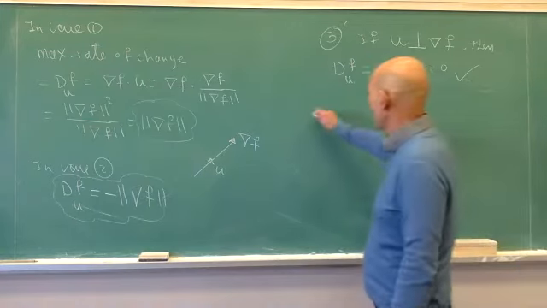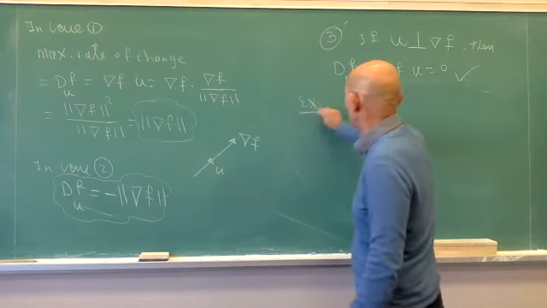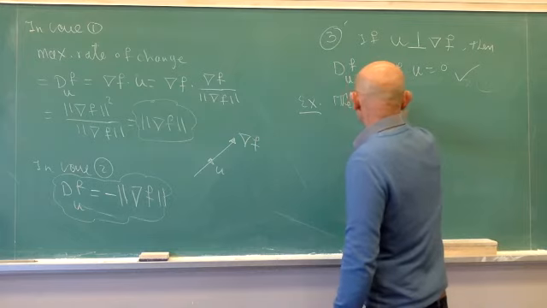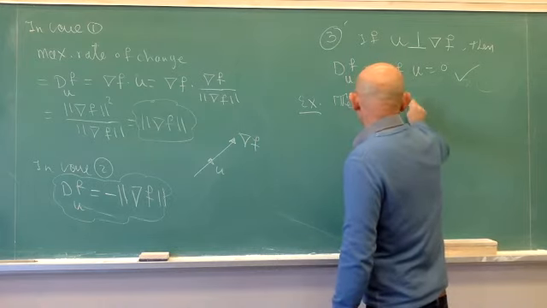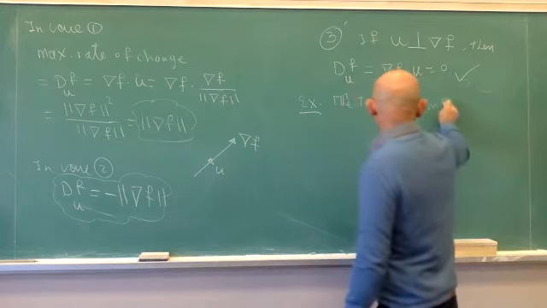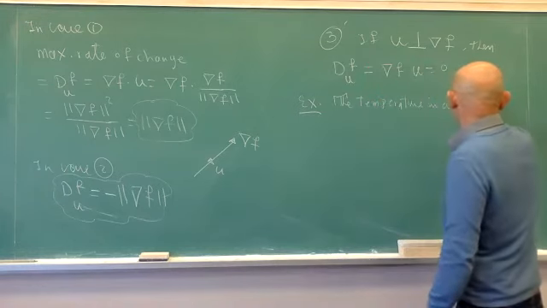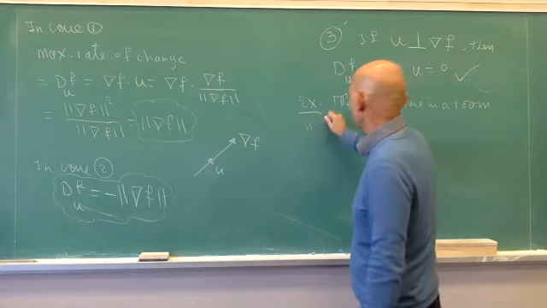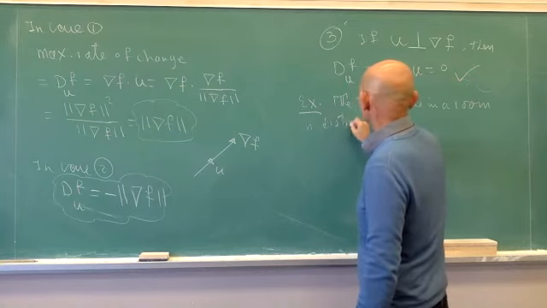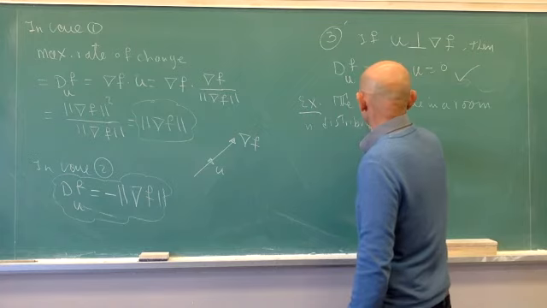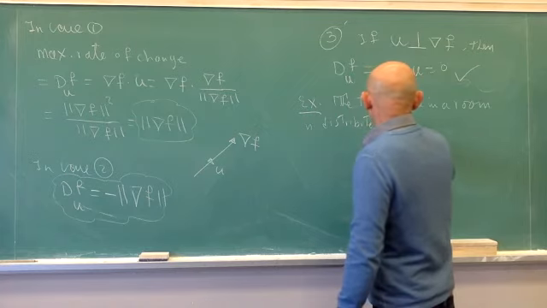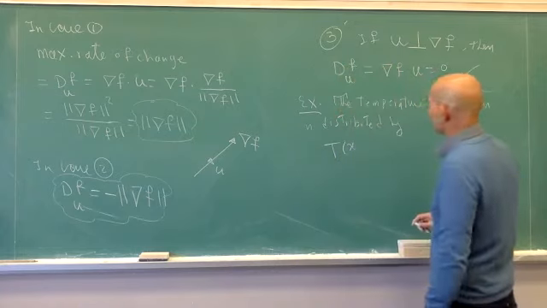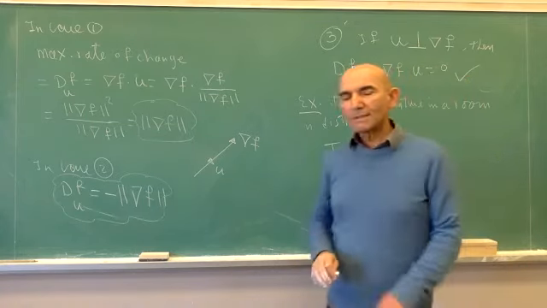So here's an example. Temperature in a room is distributed by, say, T of x and y. Because the room is, let's assume, a two-dimensional room.